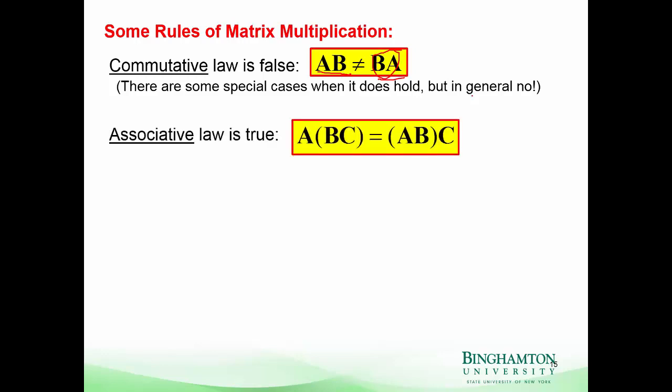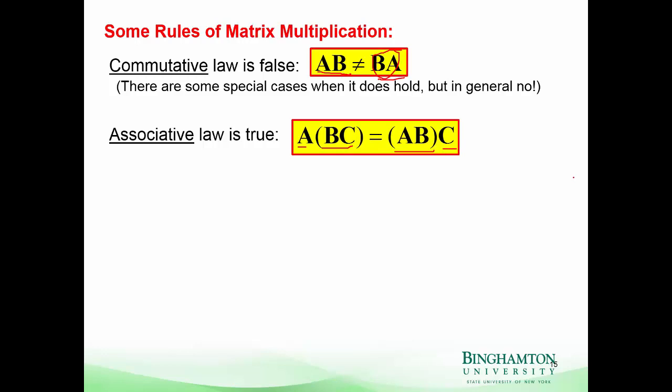Now, the associative law, though, is true, because we're not changing the order in which they interact. Like for the commutative, we're just saying which ones we do first. So we can multiply BC first, and then multiply by A out in front, or we can combine AB first and then multiply from the left into C, either one of those.